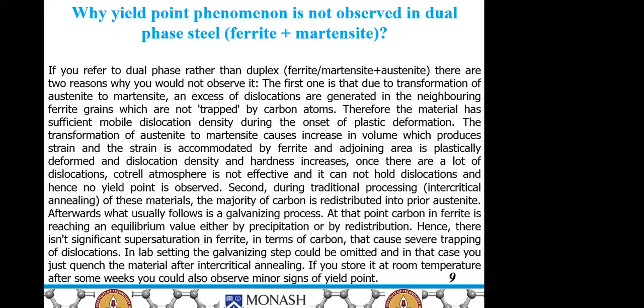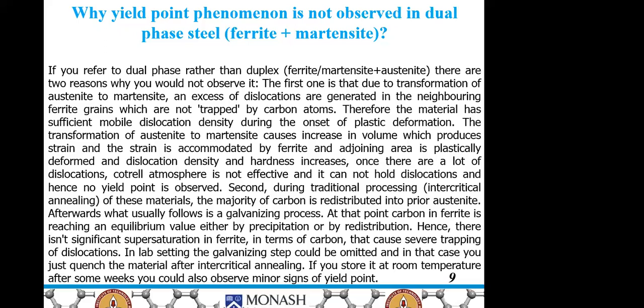The transformation of austenite to martensite causes an increase in volume, which produces a strain, and the strain is accommodated by ferrite. The adjoining area is plastically deformed, and the dislocation density and hardness increase. Once there are a lot of dislocations, the Cottrell atmosphere is not effective.